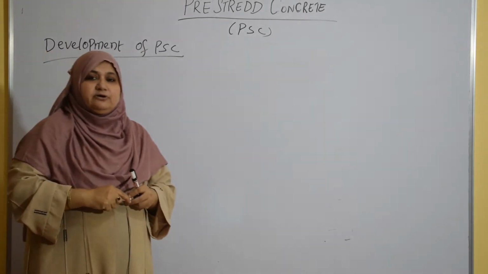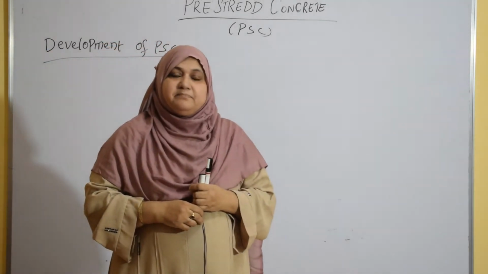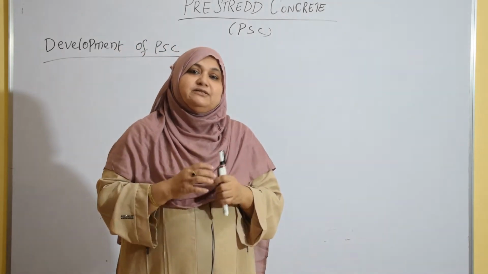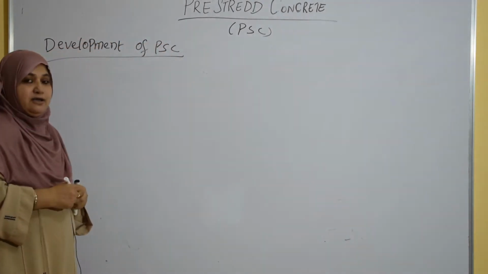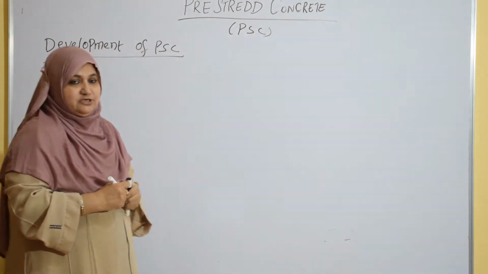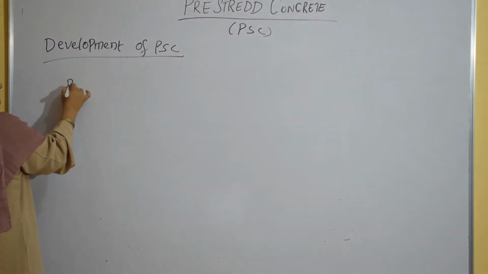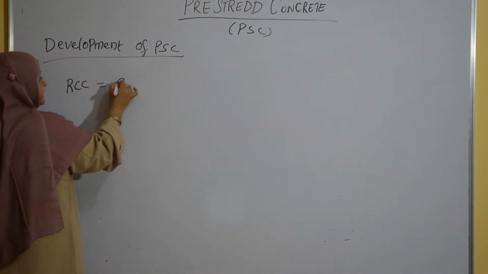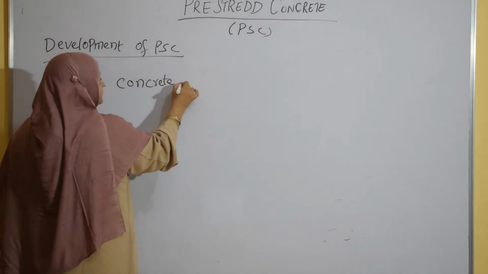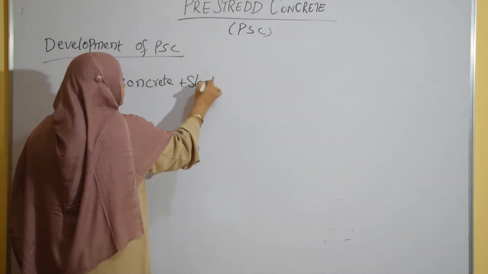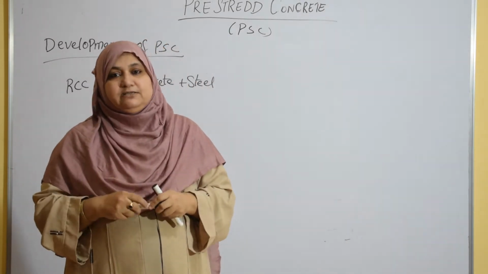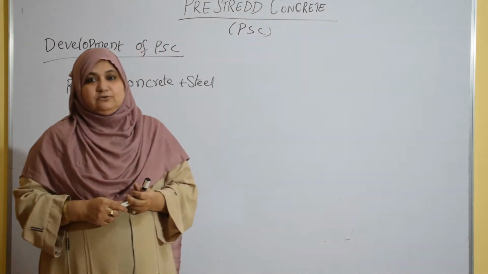Development of pre-stressed concrete. Reinforced concrete combines concrete and steel by simply putting them together. Fine, you all are introduced to RCC, which is a conventional method of construction. So RCC combines concrete and steel by simply putting them together, right? So what about pre-stressed concrete?